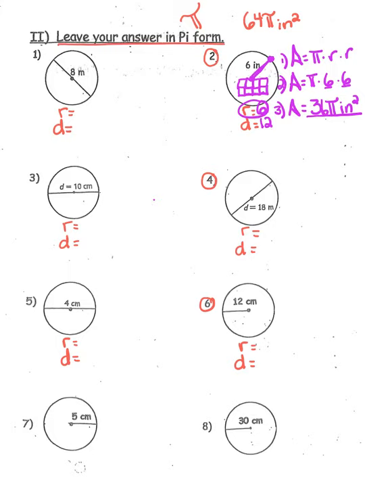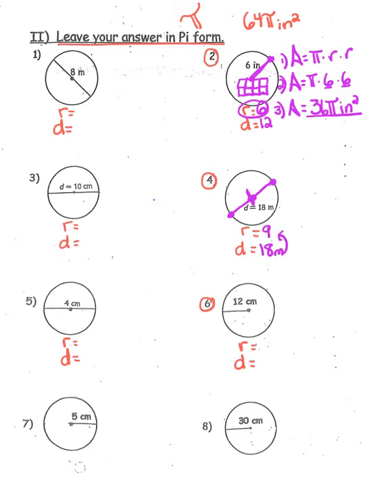Let's move on to problem number 4. Now, in this case, you can see that we've been given a diameter. This particular line segment stretches from side to side, cutting through the middle. It is clearly a diameter of 18 meters. So if we cut that diameter in half or divide by 2, our radius is 9.